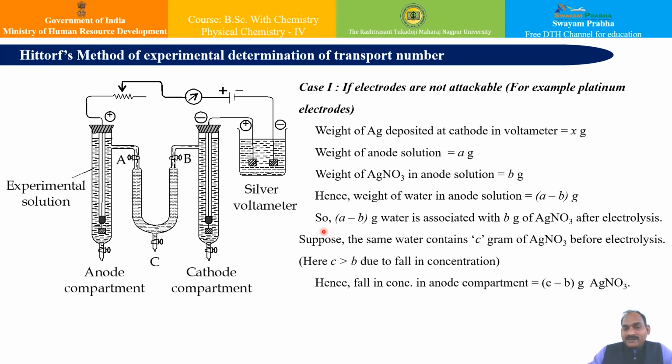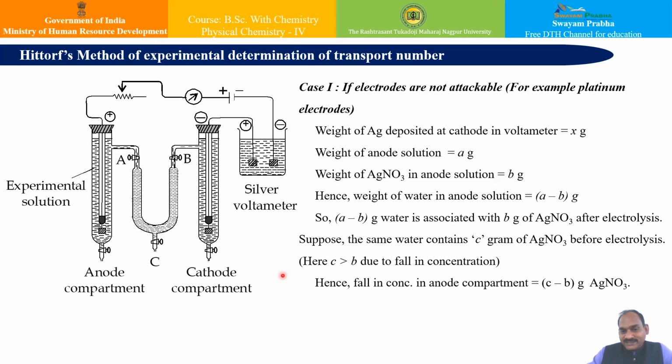So we can make the ratio calculation. If a minus b grams of water is associated with b grams of silver nitrate after electrolysis, suppose the same water contains c grams of silver nitrate before electrolysis.